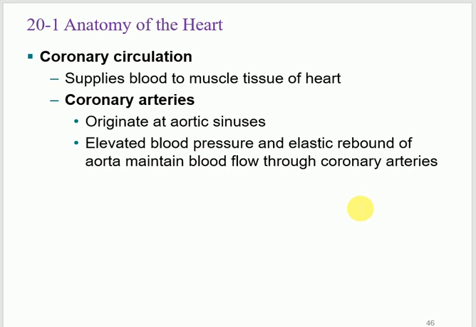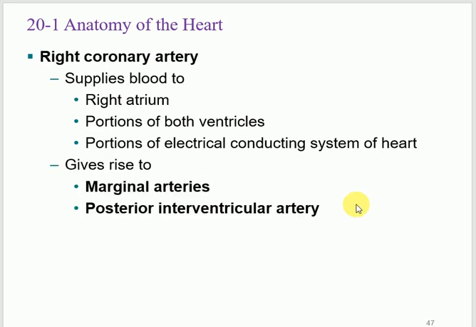So, one more time, where do the coronary arteries, right and left, arise from? What's the origin? Are you following with me? Where do they arise from? Aortic sinus. They start from the aortic sinus. Right and left. Right coronary artery will give you marginal and posterior interventricular. Do you still remember this from the lab?